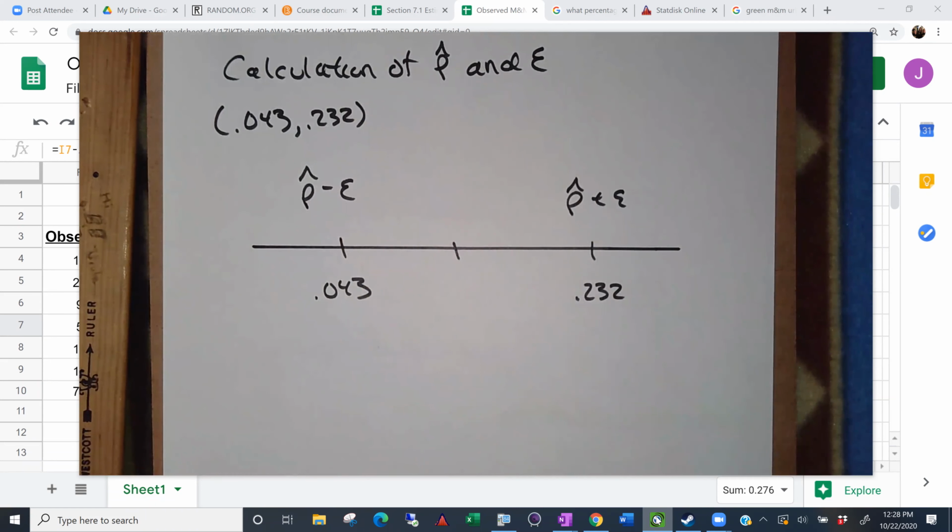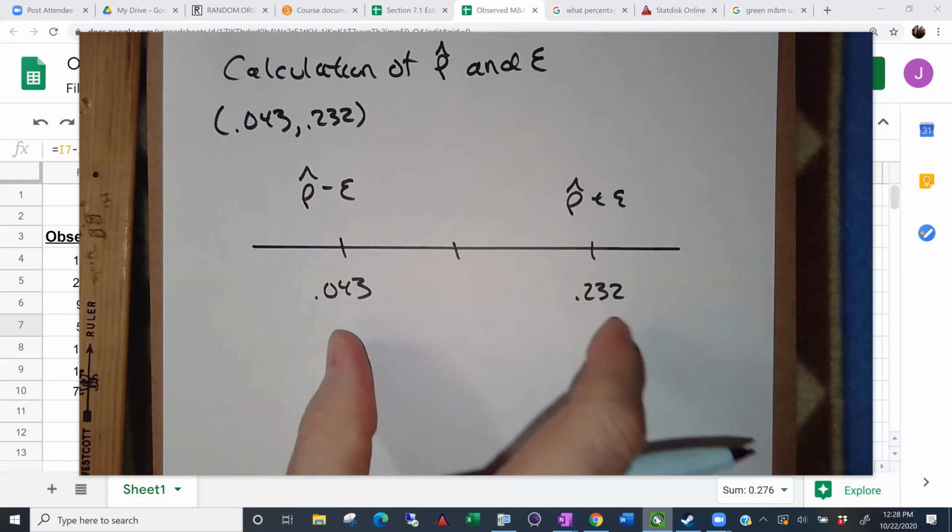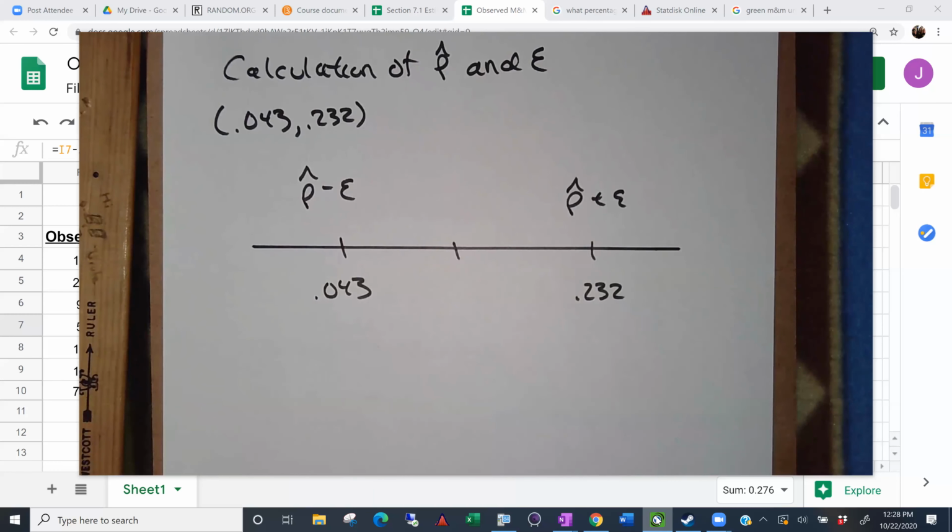So, how am I going to figure that out when all I've got is these two? Any ideas? Nothing? Would you add them up and divide by 2? Nice. Perfect. Basically, you're going to take the average. So if we add them up and divide by 2, then that should give us what's in the middle, the midpoint of this, which is exactly what we want.